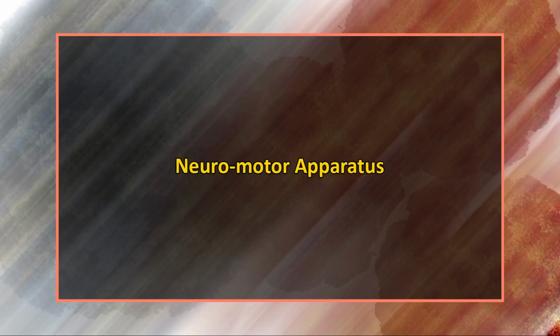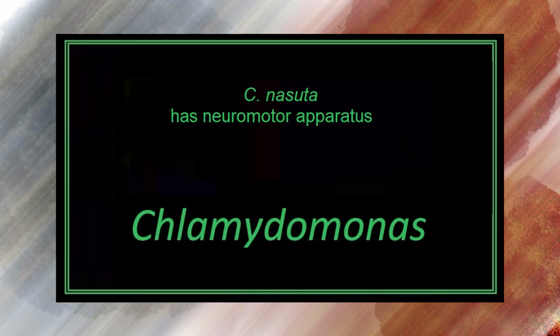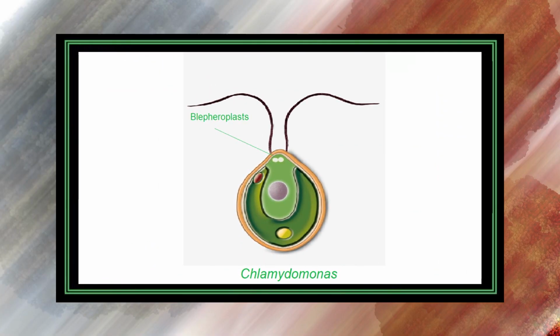Now, neuromotor apparatus. In some species of Chlamydomonas, like Chlamydomonas nasuta, a sensitive neuromotor apparatus is present. It controls movement of the thallus in response to light, chemicals, and other stimuli. It consists of two basal granules called blepharoplasts, from which the flagella originate.